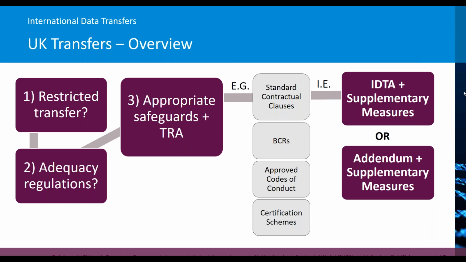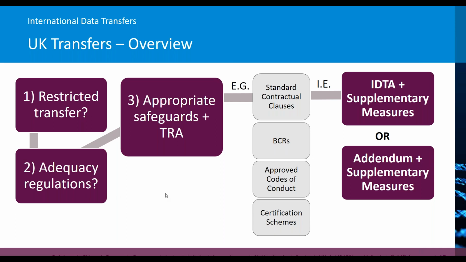A key point to note is that for UK purposes, if you're transferring data to a branch that's outside of the UK, but is the same entity, it won't constitute a restricted transfer that needs to be protected. Once you've established that you've got a restricted transfer, you will then go on to consider whether or not there are any adequacy regulations that apply to the territory that you're transferring the data to.